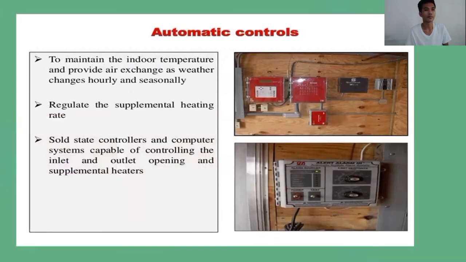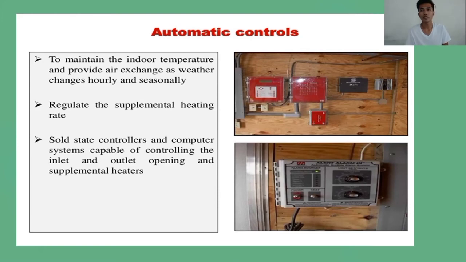Automatic controls. To maintain the indoor temperature and provide air exchange as weather changes hourly and seasonally. Regulate the supplemental heating. Solid-state controllers and computer systems capable of controlling the inlet and outlet opening and supplemental heaters. So, the automatic controls control indoor temperature.